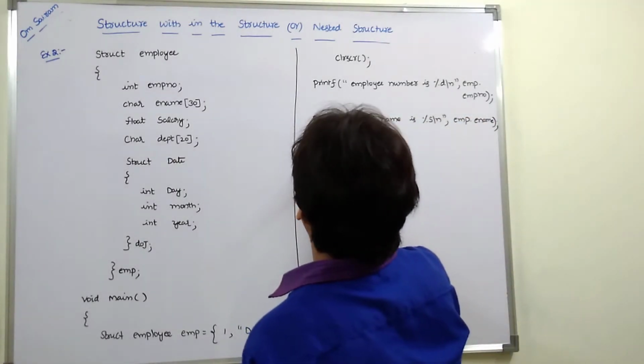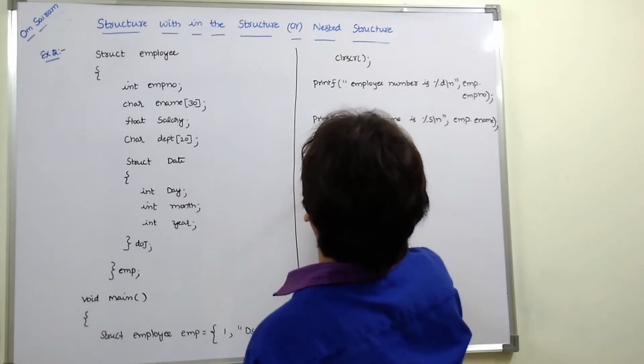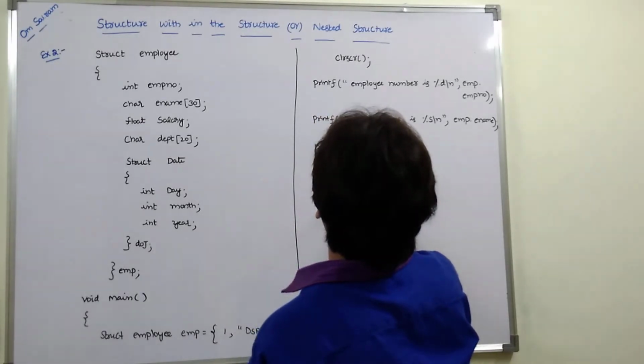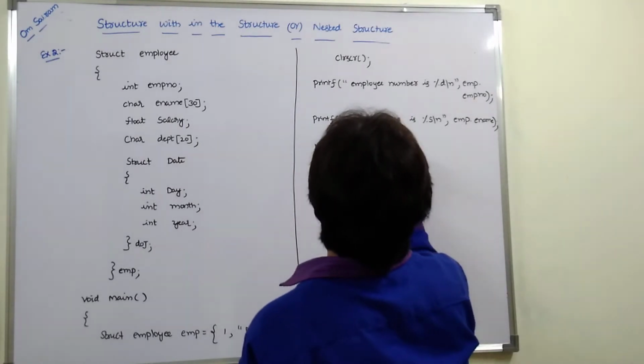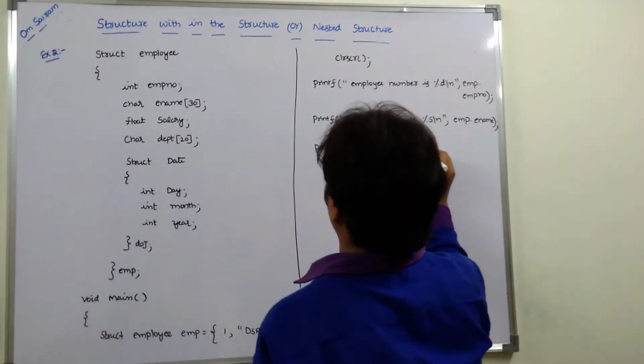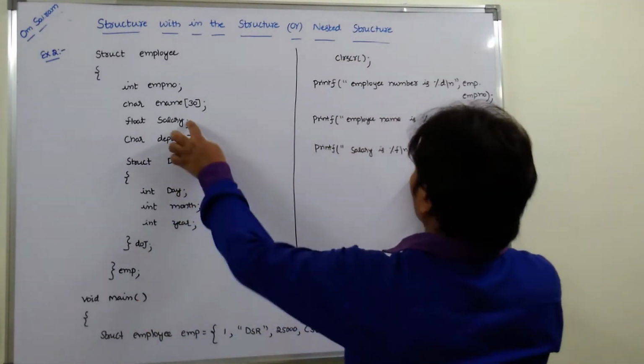Next, printf salary is percentage f, slash n and double quotation, emp dot salary.